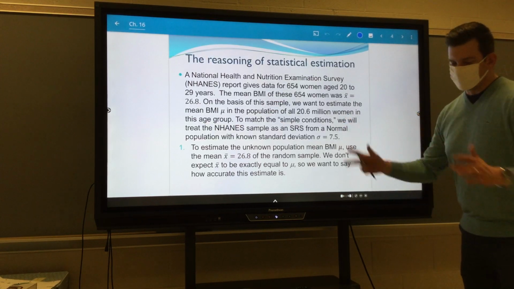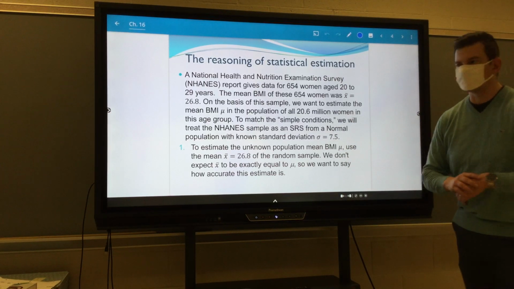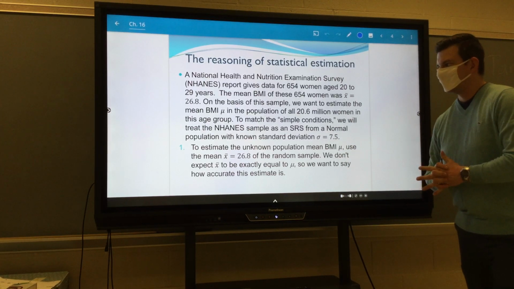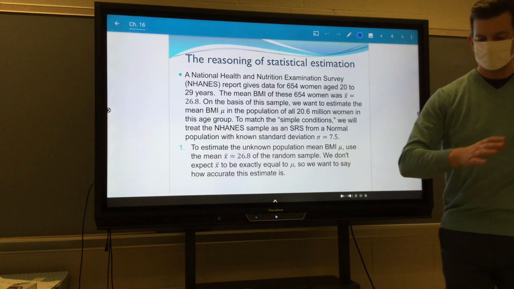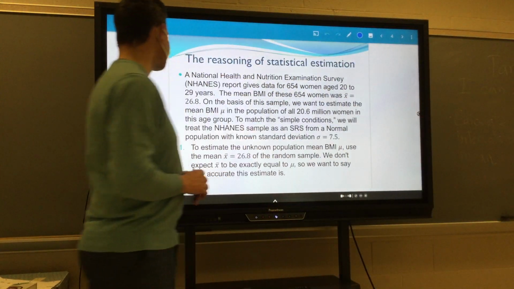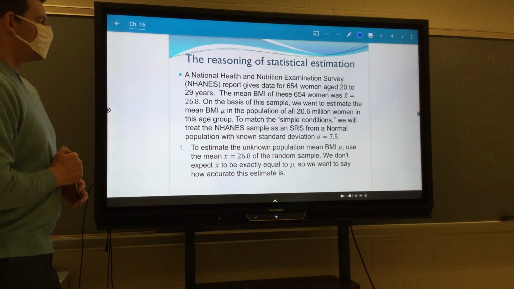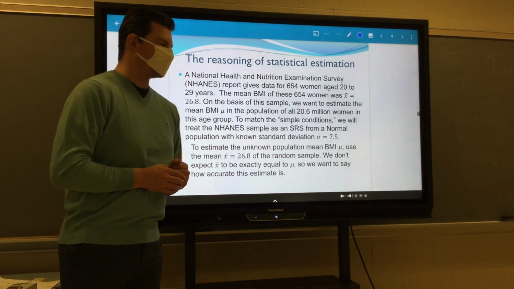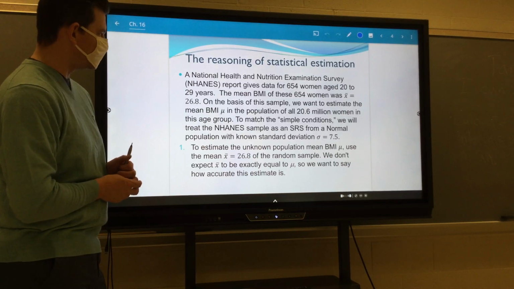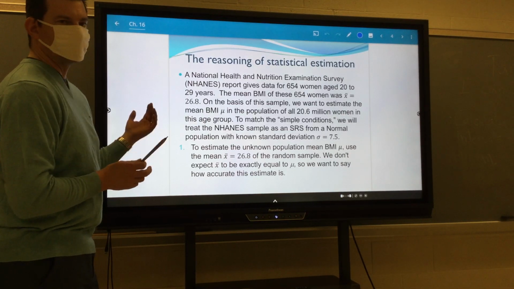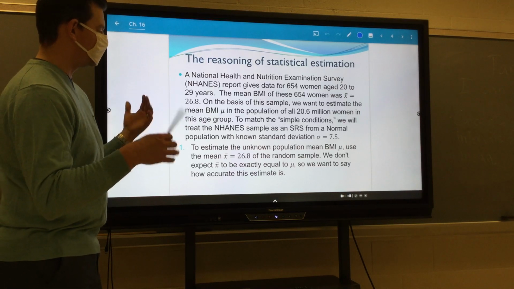So we have an example that we're going to work through this process with together. It says a National Health and Nutrition Examination Survey, or the acronym NHANES. This report gives data for 654 women aged 20 to 29 years and looking at their BMI, body mass index.